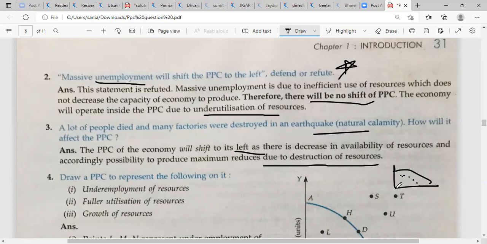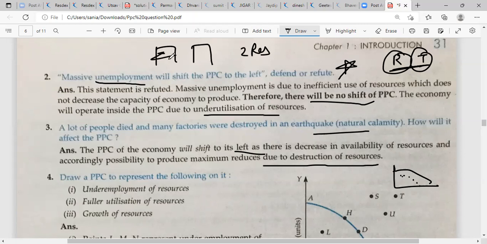Basically we need to focus on two things: one resource and one technology. No other factor, only these two. For example, if you have two factories, you have two resources. An earthquake came and destroyed them. Now you have zero factories, so where will people work? Your resources got decreased, so your PPC will shift leftward.